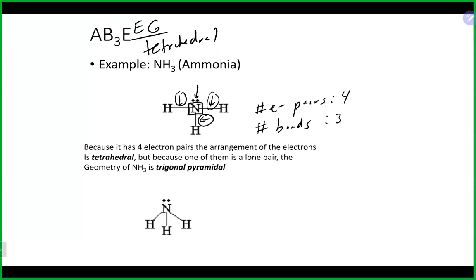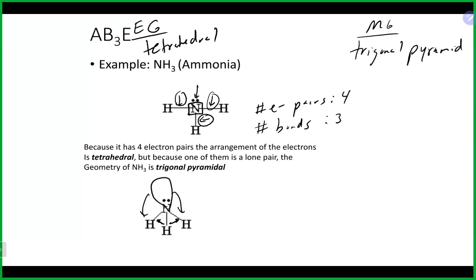So same idea here. We have these non-bonding electrons, and the bonding electrons are going to try to get away from them. But we have this third bond there, so they can't get too close to one another either. So the molecular geometry name is going to be trigonal pyramid, or pyramidal, as sometimes people call it.